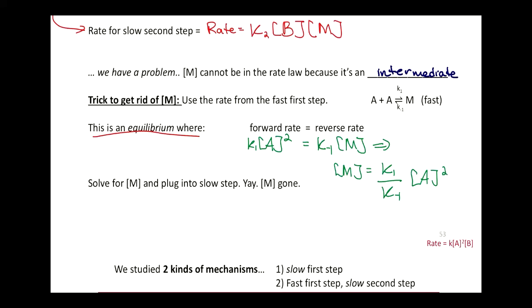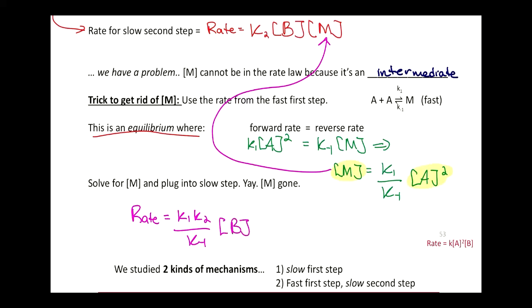That's really useful to us because now we have an expression where we relate M to A. So now we simply replace that M with the M that came from the fast step. So now we can replace that M and get the rate for this reaction. And I'll combine these K's together. So it's K1 times K2 over K negative 1 times B concentration times A squared concentration.